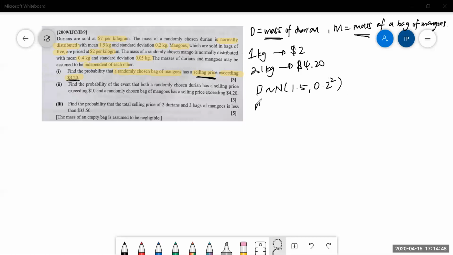Then we have mangoes follow a normal distribution, 0.4 and 0.05 squared. So from here, we can find the probability of M to be greater than 2.1 kg. Can you find the answer for me? That's for part 1.